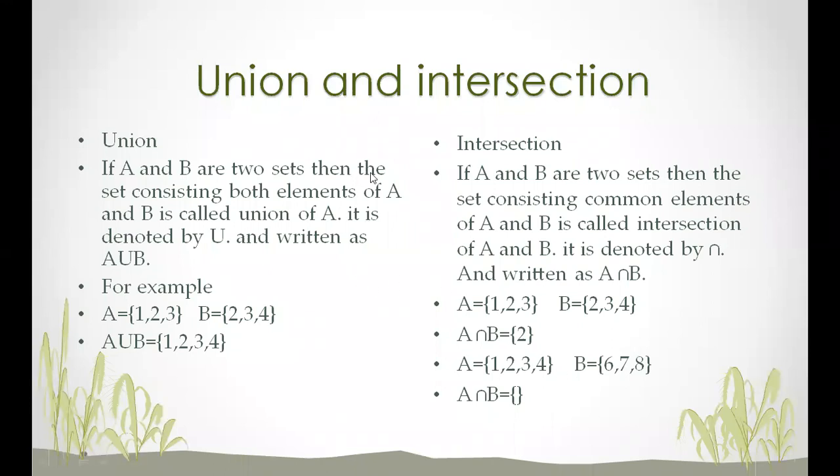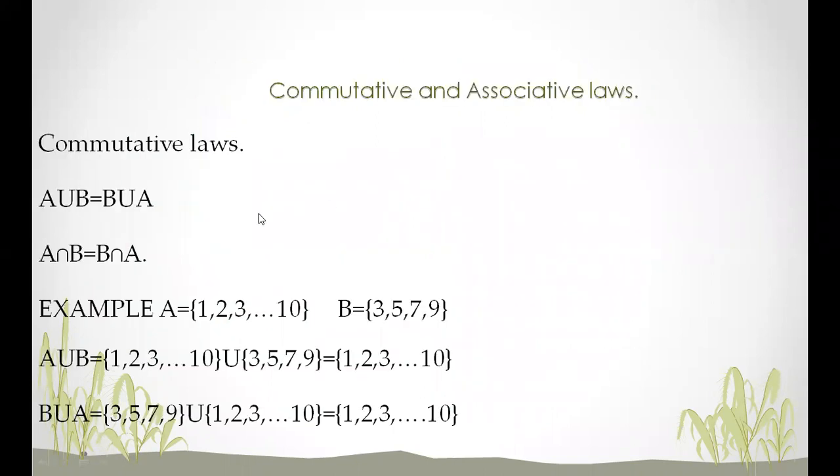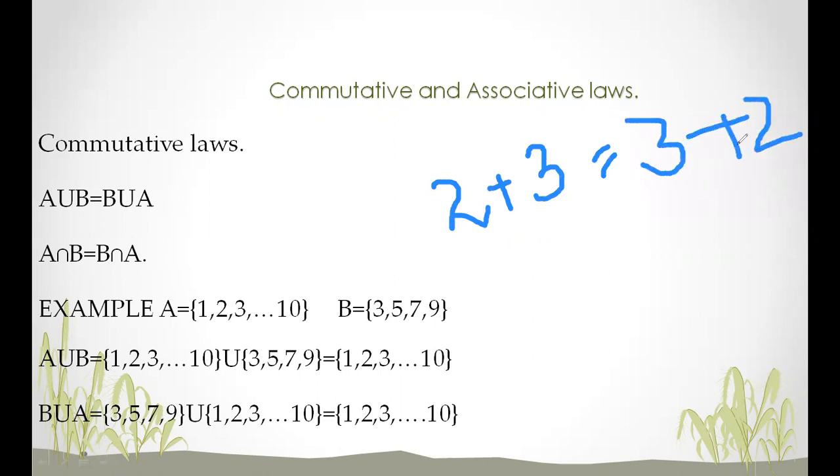So we saw union and intersection, and next we see commutative and associative laws. Commutative and associative laws of union. First of all, I want to start from the basics. In your basic level classes, you know 2 plus 3 is equal to 3 plus 2, and the answer is 5 on both sides.